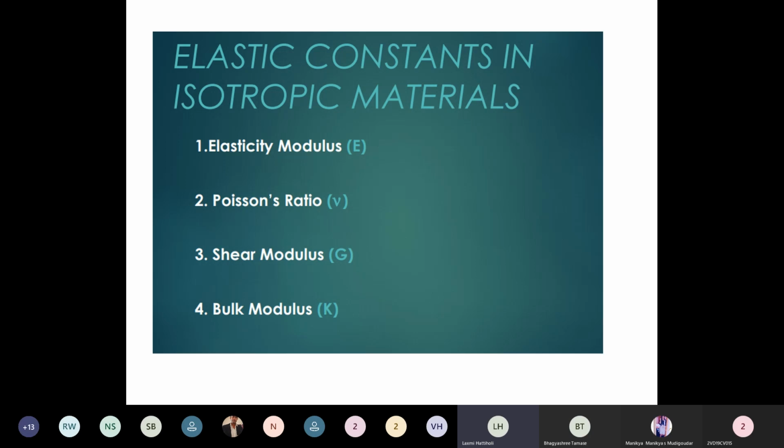If you apply the load perpendicular to the grains, then the compressive strength is less. If you apply the load parallel to the grains, then it takes a large amount of compressive force, or large compressive strength. That's why we call timber an anisotropic material. Now I hope it is clear to you what an isotropic material is.